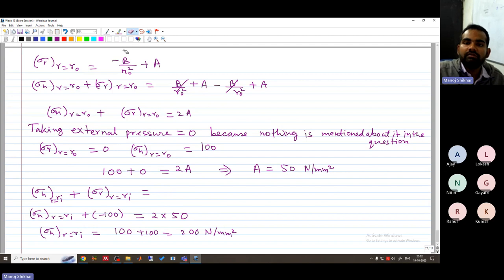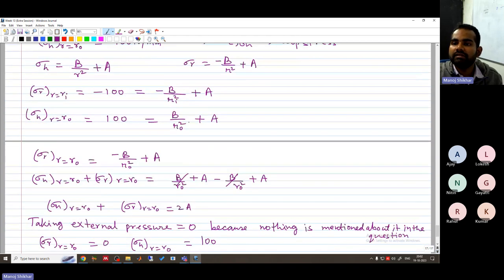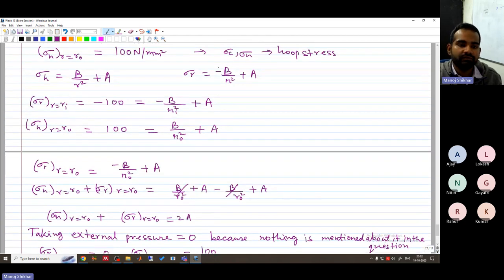And here also we have b by ri square plus a minus b by ri square plus a. So this is 2a. So we have sigma h at r equal to ri plus 100 equal to 2 into 50. So here we get sigma h equal to 200 Newton per mm square. Sorry for the mistake. Actually, it happened here. I wrote the formula wrong. So correct it.